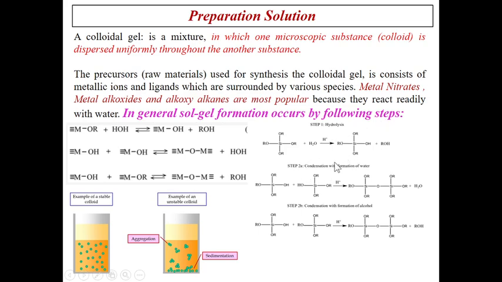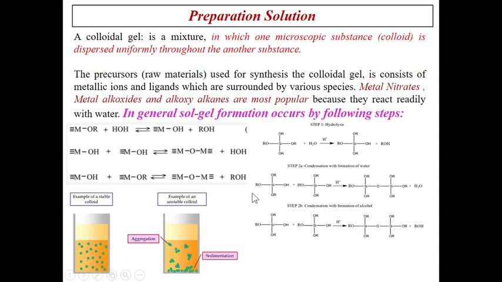Then condensation with formation of water, step 2. Same thing, this reaction and this reaction are the same, but here we have considered one example. Then the third step is this one. Okay, so here you can see the larger molecule has been formed by these 3 steps, and this molecule is nothing but your gel solution.